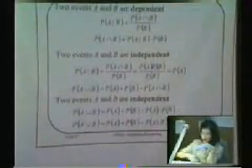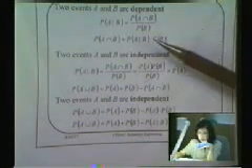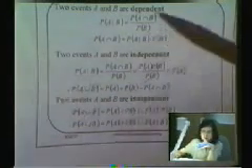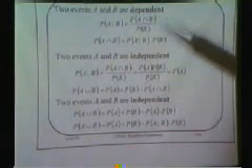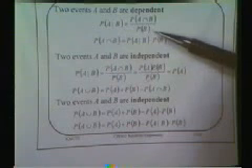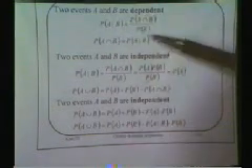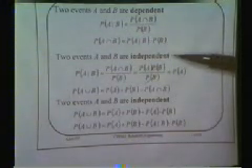Next, if events A and B are dependent, then the conditional probability that A occurs given that B occurs is equal to this term, P(A intersect B) over the probability of B. If we rewrite this term the other way, we obtain this equation.